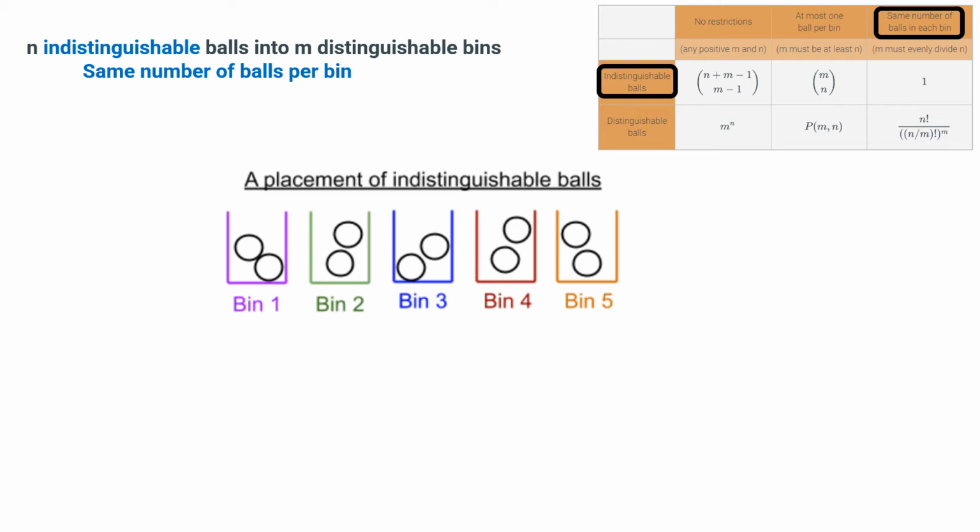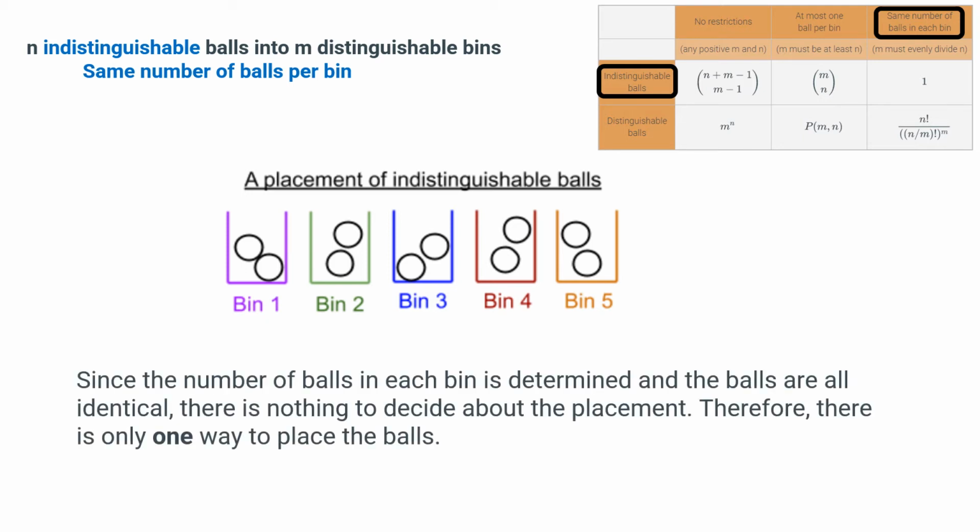There's no other way to place those balls other than 2 in a bin. So since the number of balls in each bin is determined and the balls are all identical, there's nothing to decide about the placement. So there's only one way to place those balls, and that's how we get this 1 up here in the table.